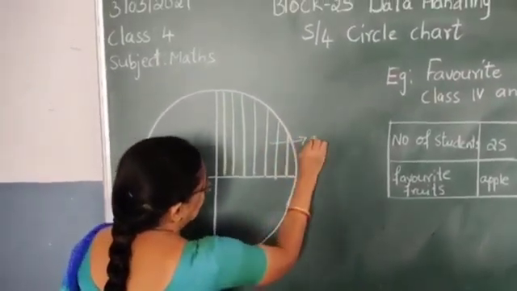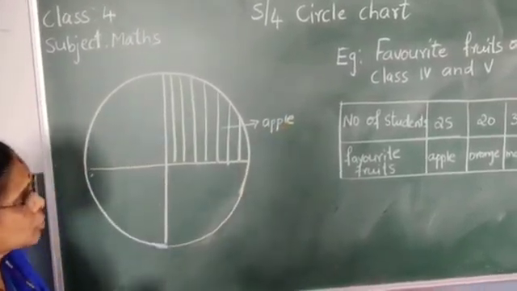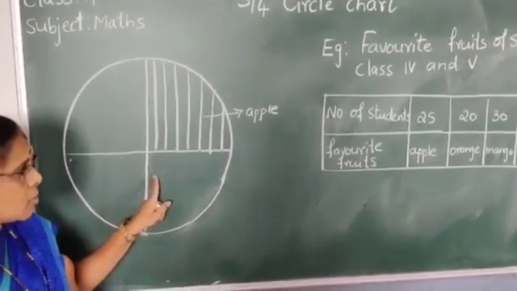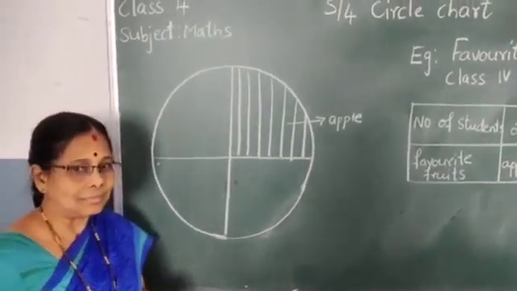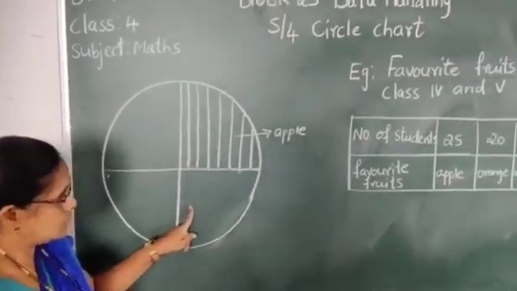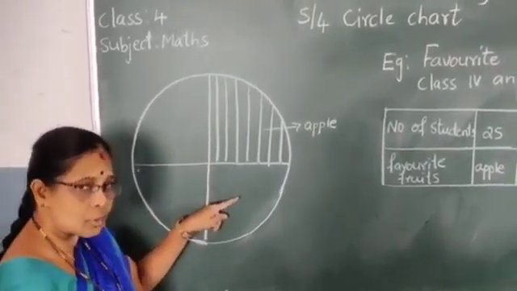So this is apple. Next, 20 students like orange. Now 20 students, children, like orange. But this part is how much? 25.